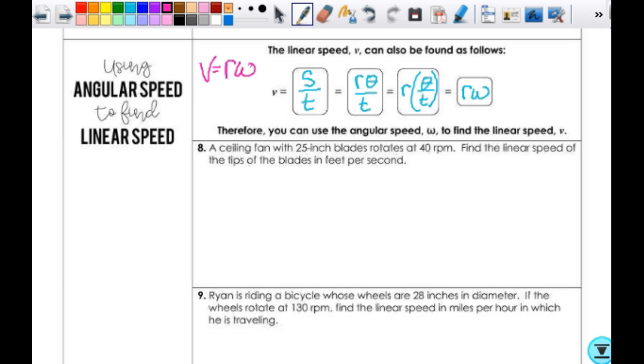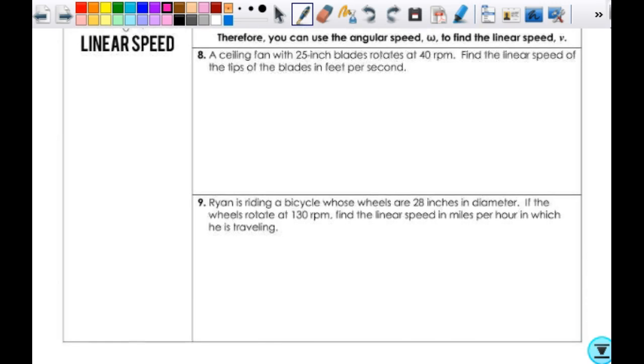But let's look at why this might be a little bit different way to work it. It says a ceiling fan with 25-inch blades, so again, that is the radius, rotates at 40 RPM. That's revolutions per what? Minutes. Always revolutions per minute for RPM. Find the linear speed of the tips of the blades in feet per second. So what we're going to do is start by finding angular velocity.